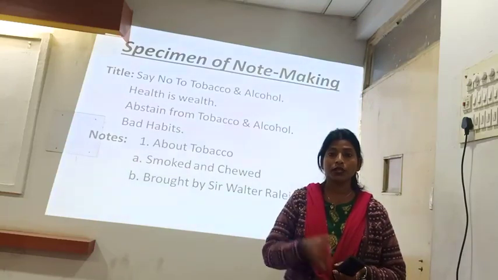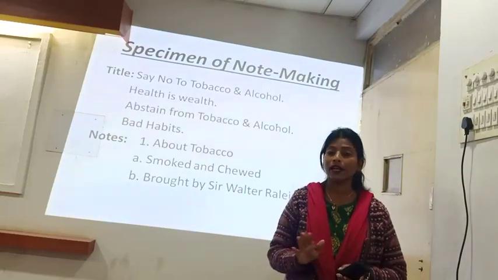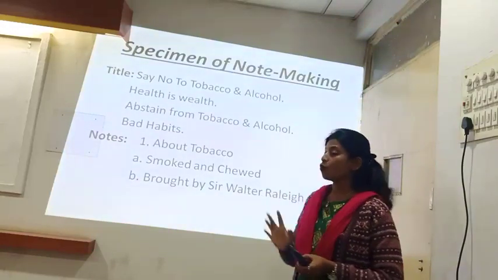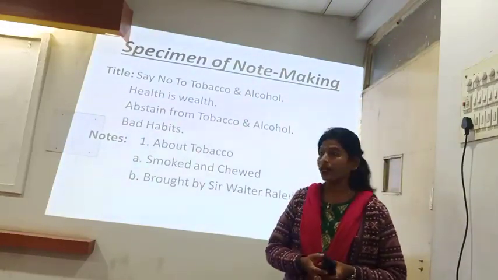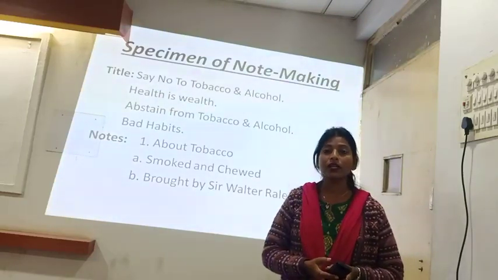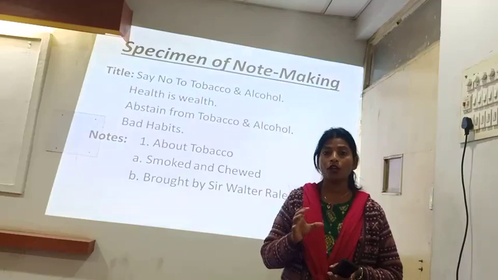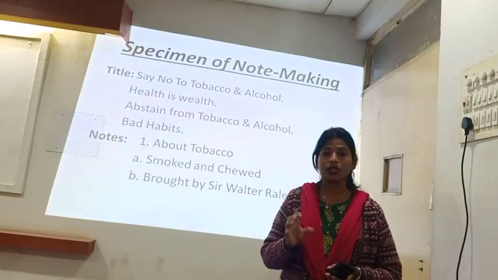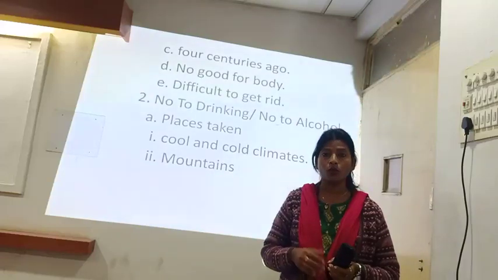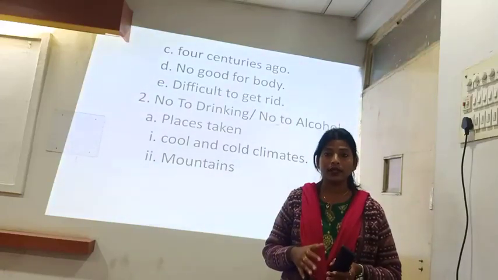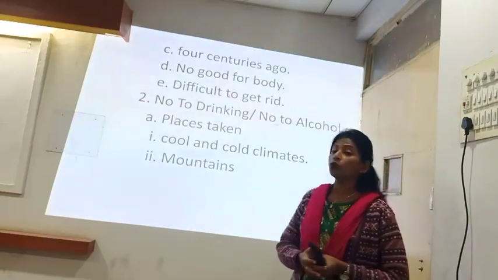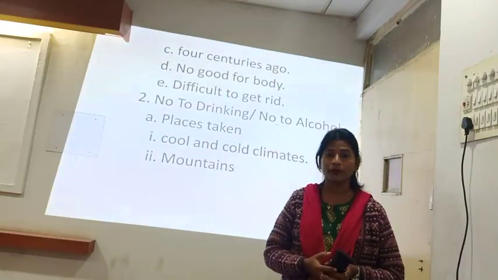Now remember students, you will not frame any kind of sentence, only gist is needed. So: smoked and chewed. Next is brought by Sir Walter Raleigh. Here I have only mentioned brought by Sir Walter Raleigh. Next is four centuries ago, when it was brought to Asian countries. Then I have written D: no good for body, right?